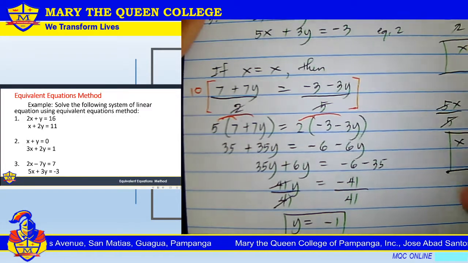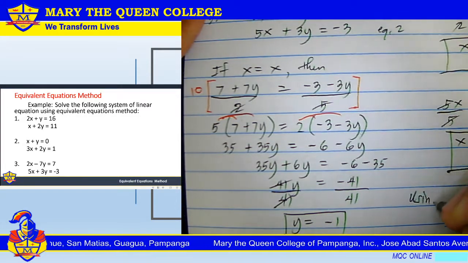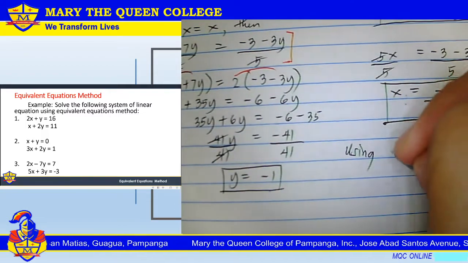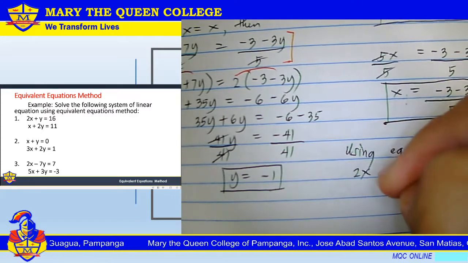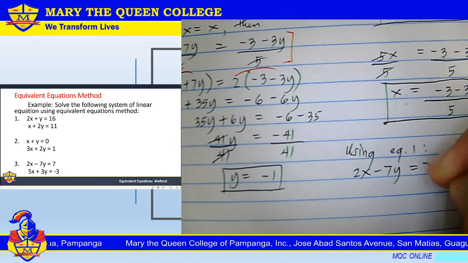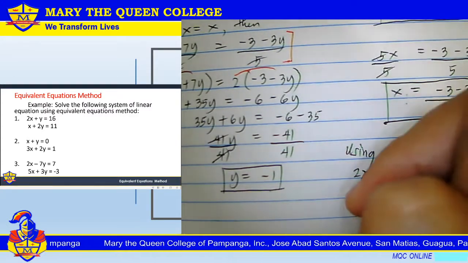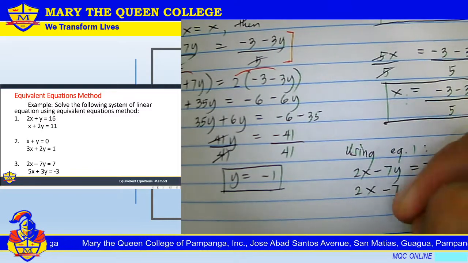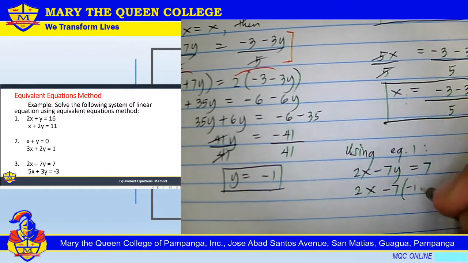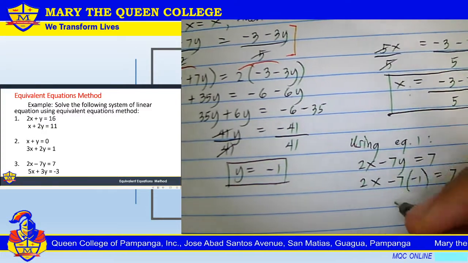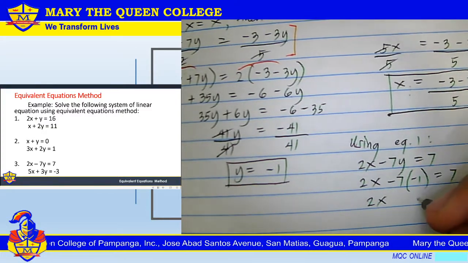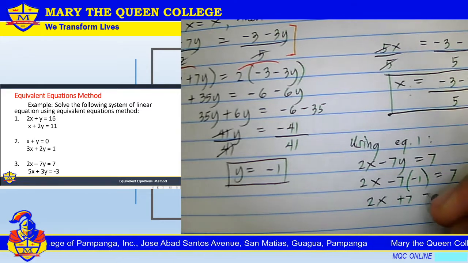Okay? So, let's try. So, using equation 1, okay, which is 2x minus 7y is equal to 7. So, substitute natin 2x minus 7. The value of y is negative 1 is equal to 7. So, we have 2x plus 7 equals 7.